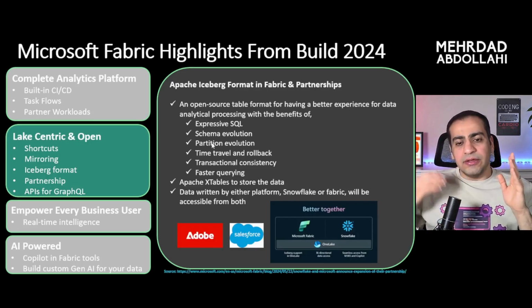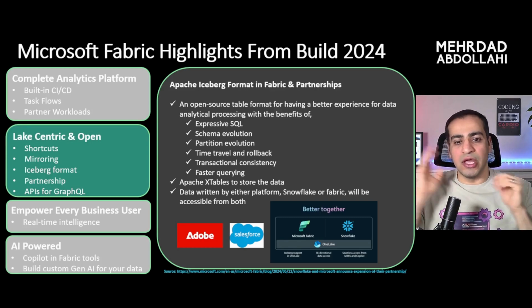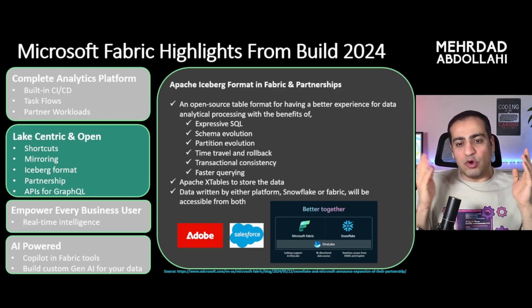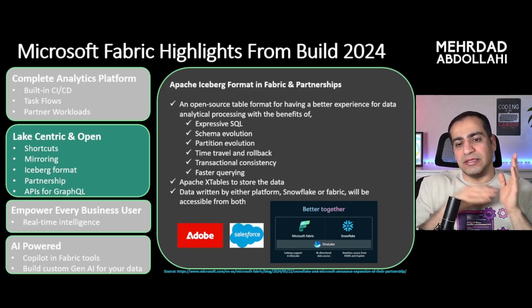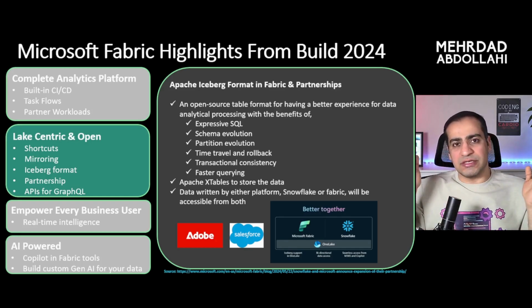The next item that was announced was related to the Apache Iceberg format in Fabric, and some new partnerships that Microsoft Fabric made with other vendors. About Apache Iceberg, I should say it is an open source format for having a better experience of data analytics and data processing, and we can benefit from faster querying and partition evolution.